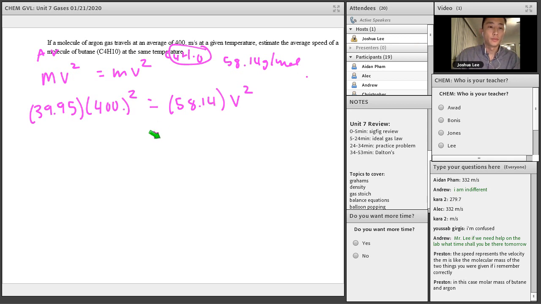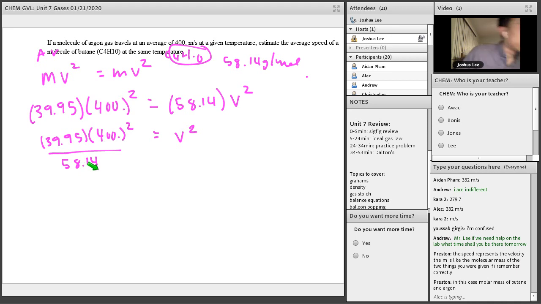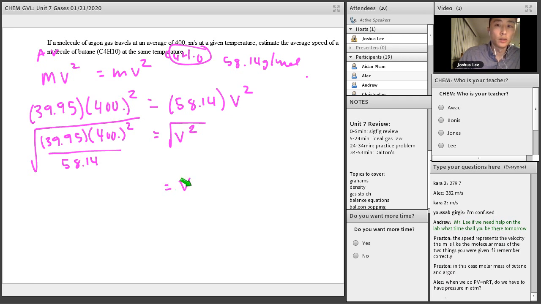Then I'm going to divide both sides by 58.14, so it'll be V squared equals 39.95 times 400 squared over 58.14. Then if I do math here, I'm going to just square root that, square root this. This equals V.